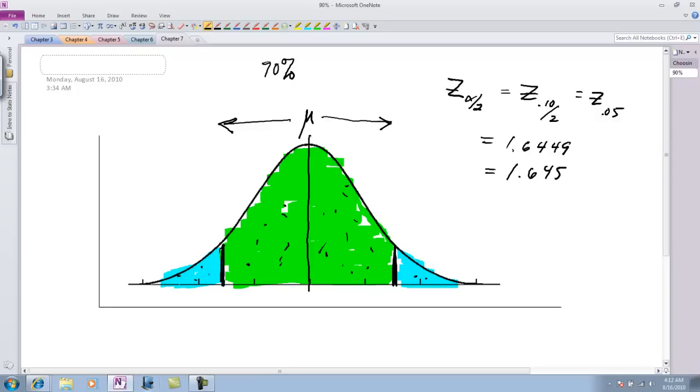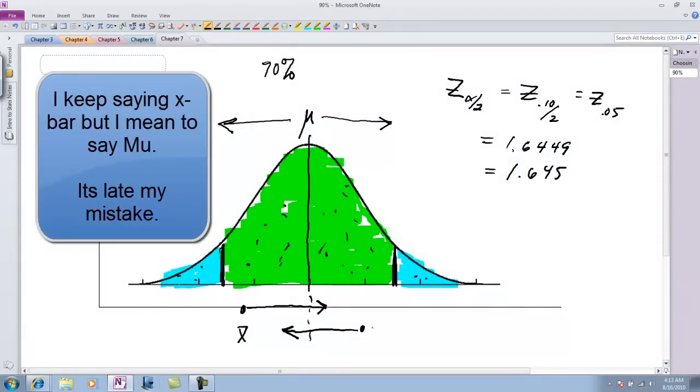Let's say here's X bar. I'm going to put X bar inside the green because that's likely where it's at. So here's X bar. Let's say it's right here. Okay? If I put an arrow on there equal to the arrow you see above, you see how I would touch X bar. You can see if I'm over here on this side and I stretch that arm out, I would touch X bar.